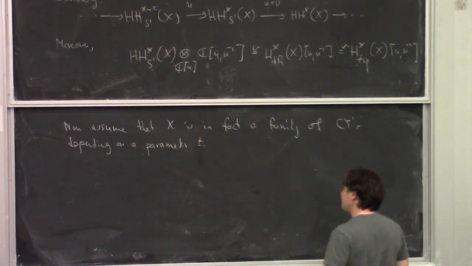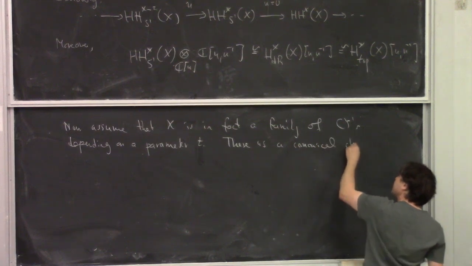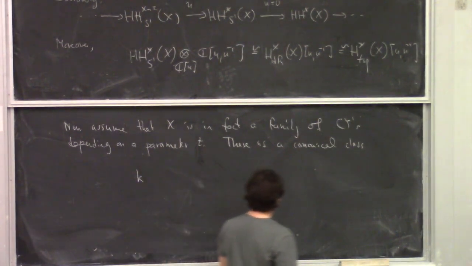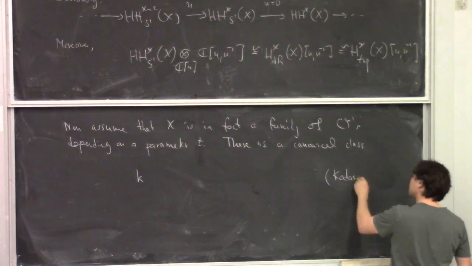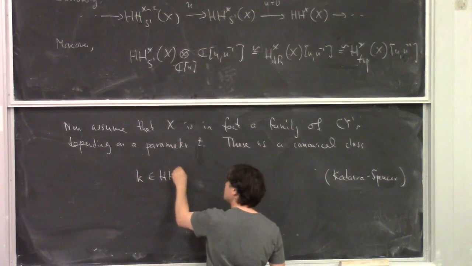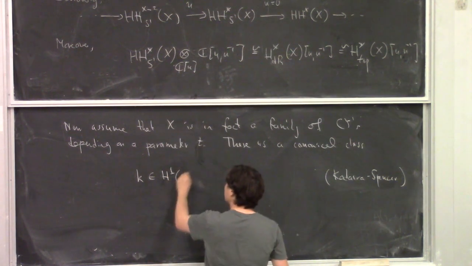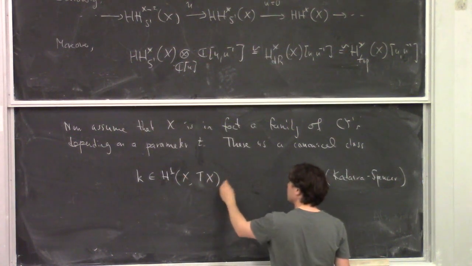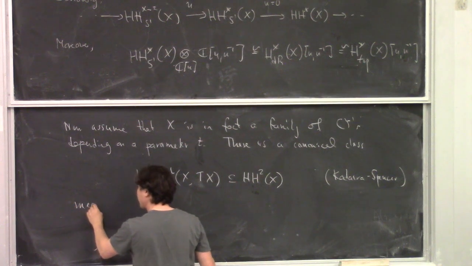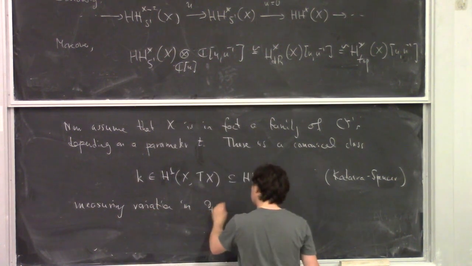Okay? So then there's a class here, kappa, the Kodaira-Spencer class, which lies in H1 of X, TX, inside HH2 of X. Okay, so measuring the variation in the dt direction.